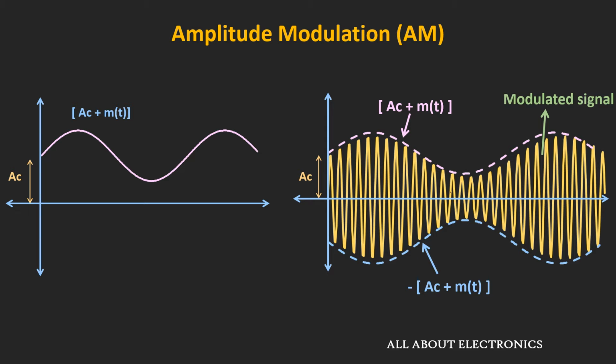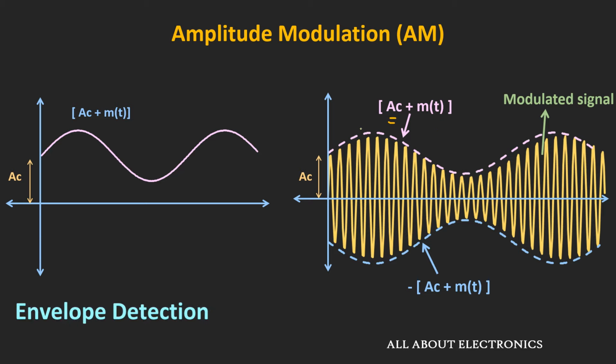Now this envelope is not part of the modulated signal. But at the receiver, if somehow we can generate this envelope from the modulated signal, then it is possible to recover the message signal from this envelope. Because the shape of this envelope follows the message signal, and just by blocking the DC term, it is possible to recover the message signal.